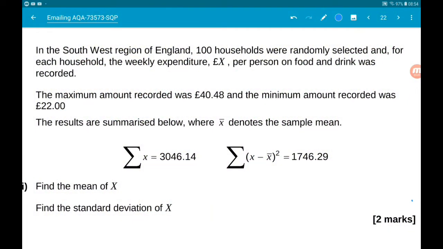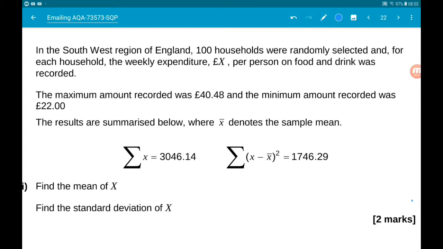Okay, question 13. In the southwest region of England, 100 households were randomly selected. For each household, the weekly expenditure X pounds per person on food and drink per week was recorded.